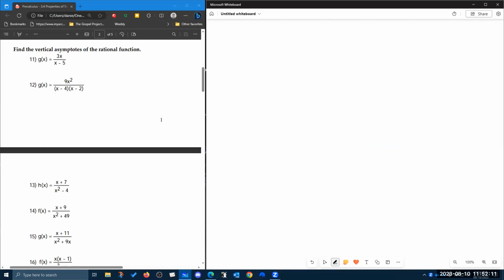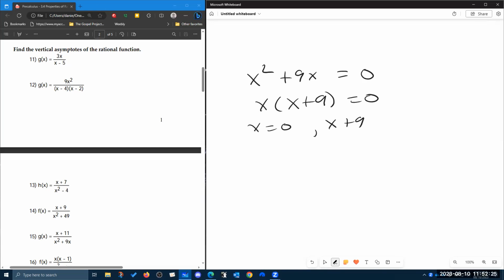Let's try number 15. There's my two vertical asymptotes.